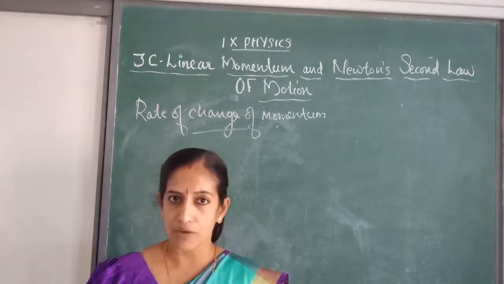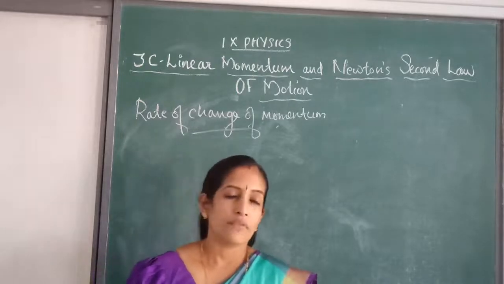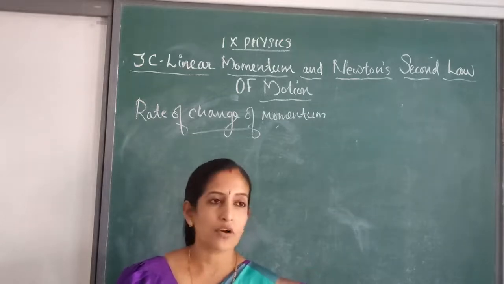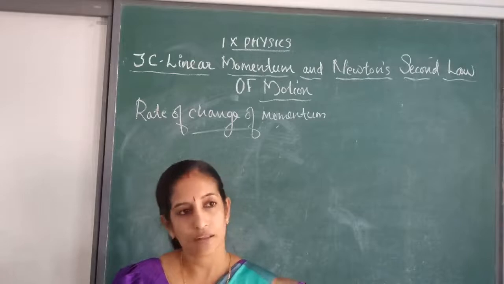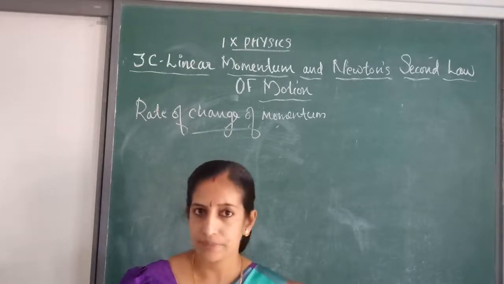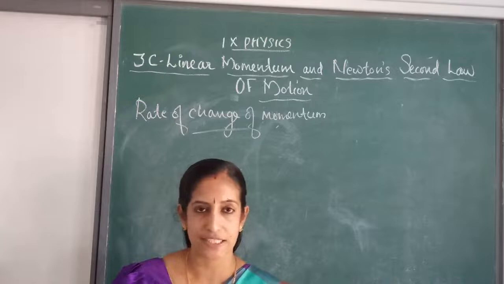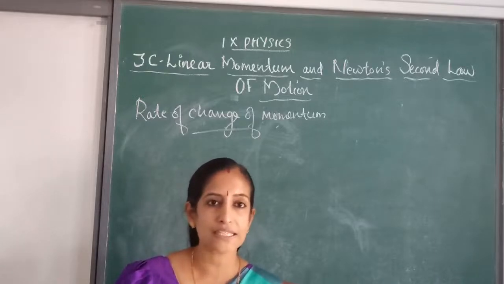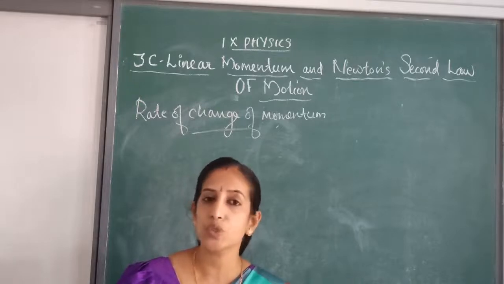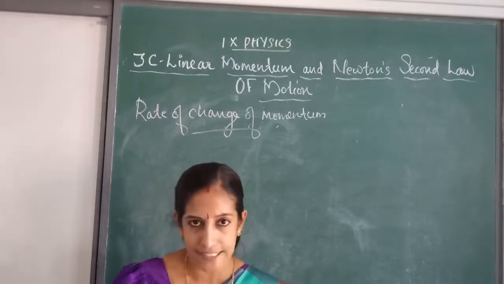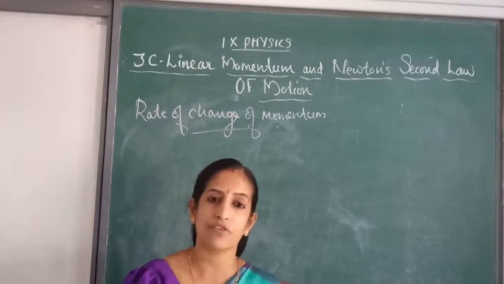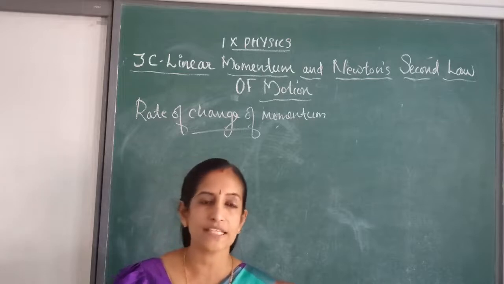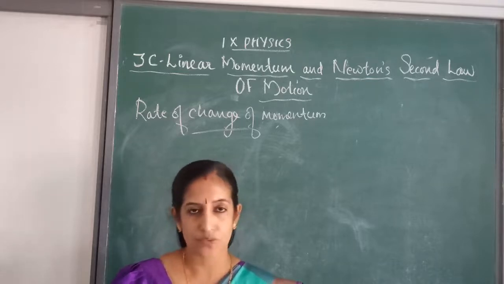Time is taken as t and the change in velocity is from u to v, where u is the initial velocity, that is, before applying the force, and after applying the force it is changed to v.